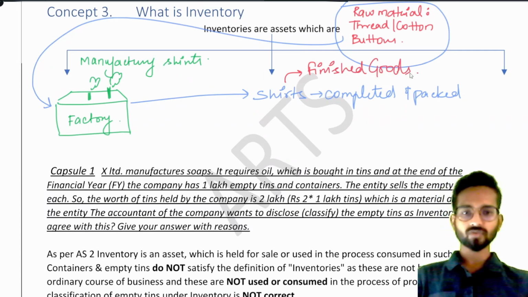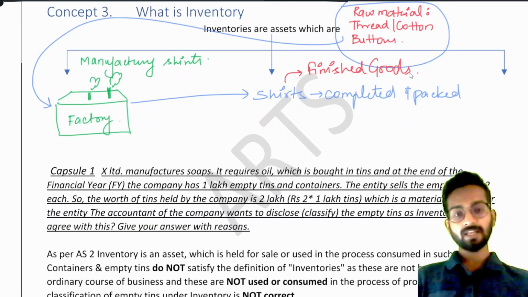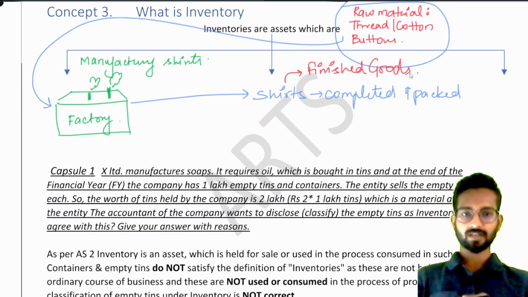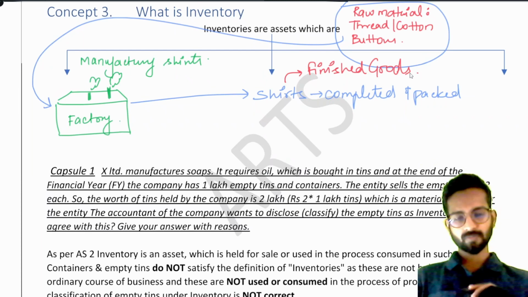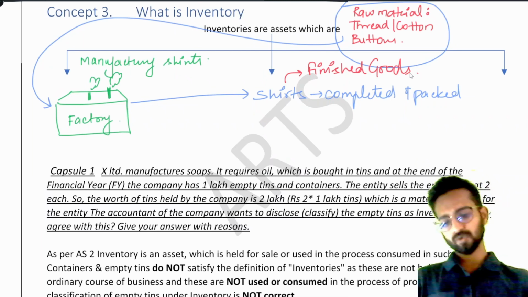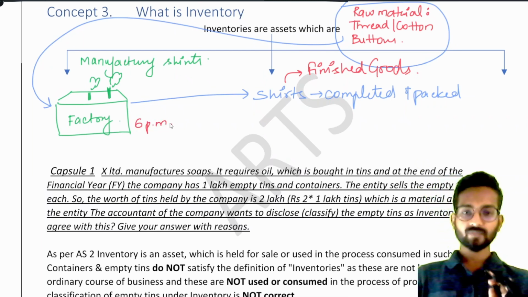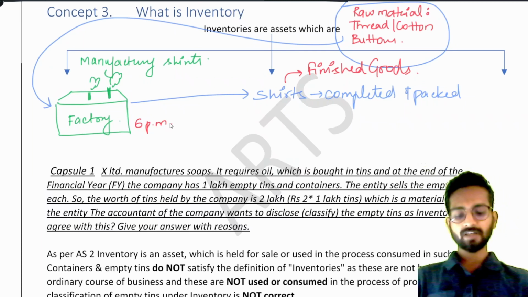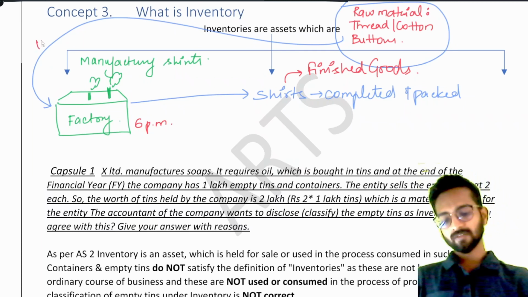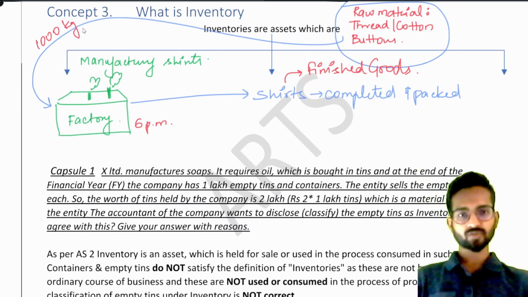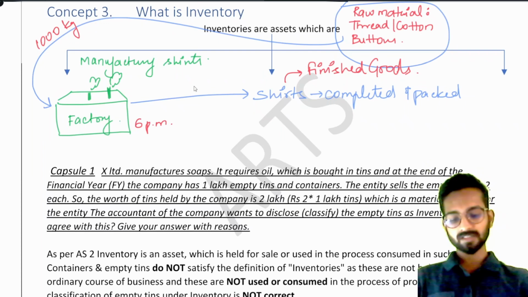As soon as I say this, a student tells me, sir, every day we will be producing shirts? Definitely. But sir, is it not possible that there are many shirts which are incomplete by the end of the day? Obviously, suppose our factory is working till 6 p.m. or 8 p.m., whatever timing it is. See, every day it is possible that I am putting say 1000 kilo of cotton or so much thread or so much raw material, and suppose the factory has manufactured 200 shirts.